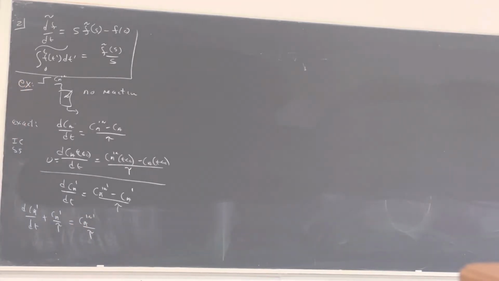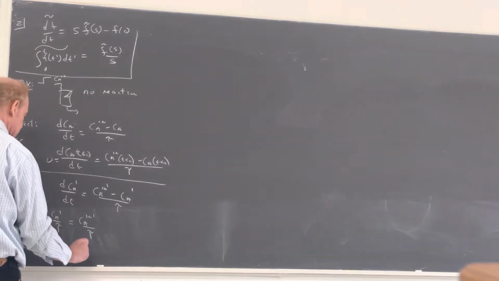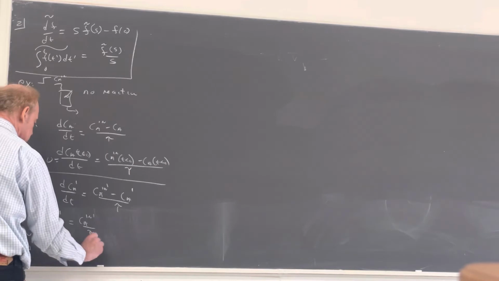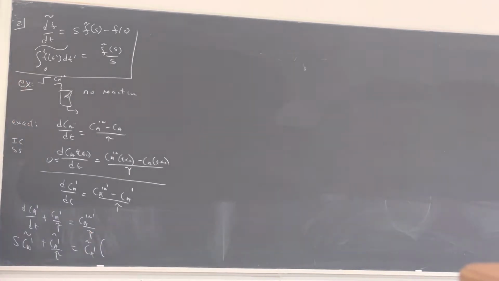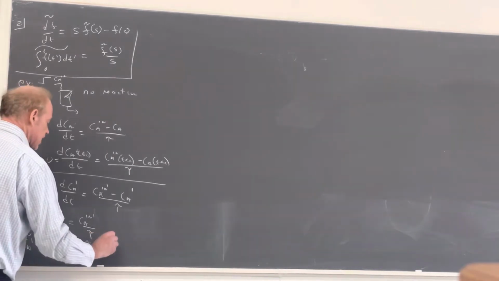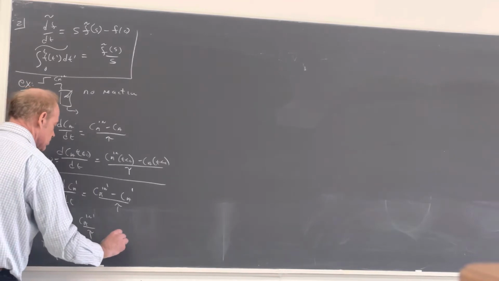And now I'm going to, instead of starting to solve this with the formula we had on top of this blackboard for a couple of weeks, do it with Laplace transforms. So if I Laplace transform this, I have s C_A prime tilde plus C_A prime tilde over tau, which, let's just factor that out, I've got C_A prime tilde times s plus 1 over tau. s plus 1 over tau is 1 plus s tau over tau.